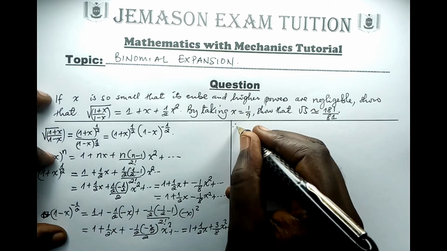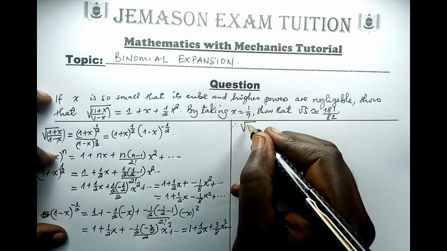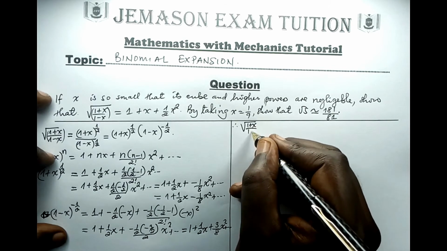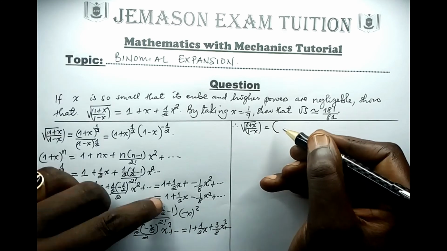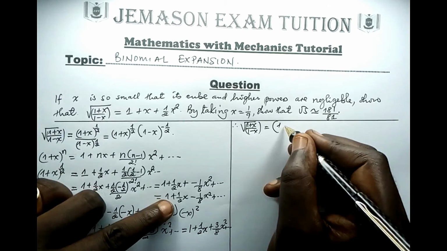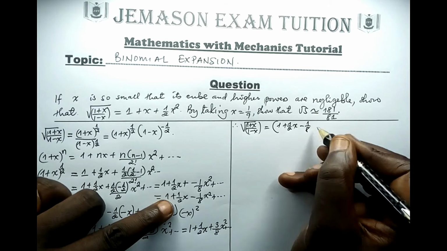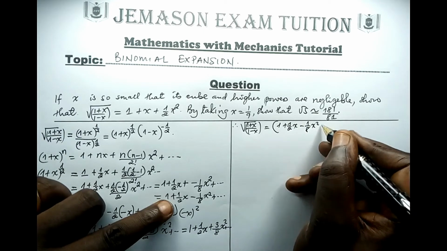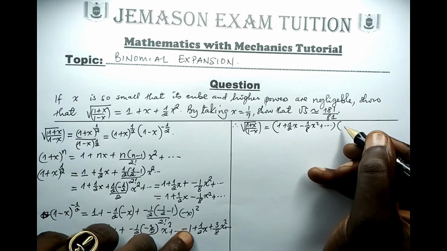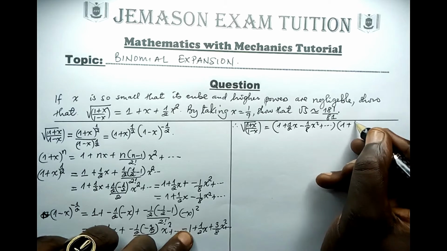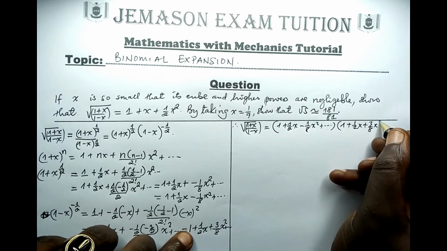So having the two expansions now, I would get the expansion by multiplying the two expansions. The first one is 1 plus half x minus 1 over 8 x squared, multiplied by the next expansion, which is 1 plus half x plus 3 over 8 x squared.